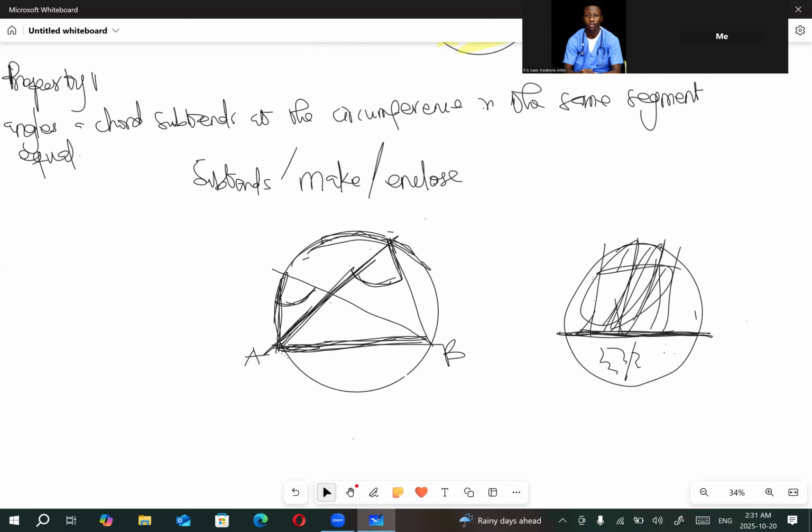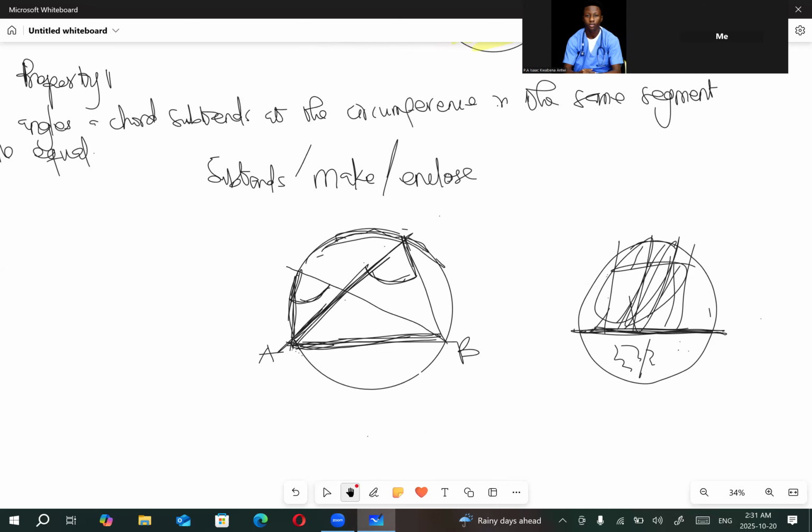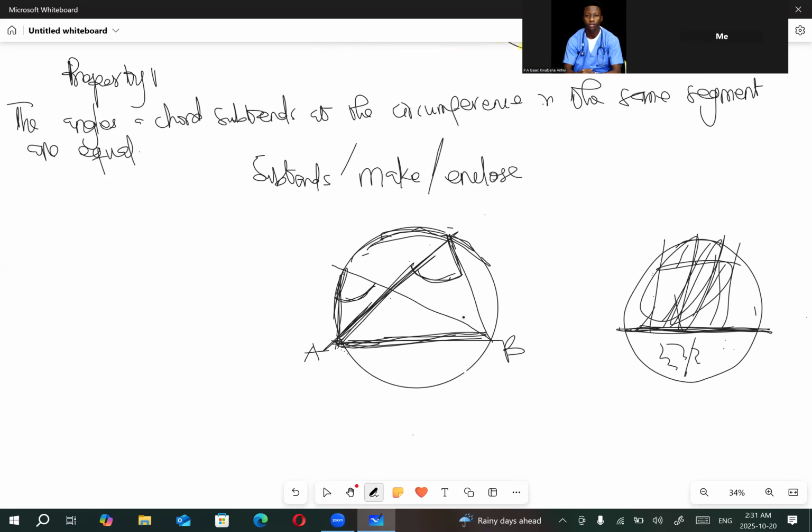The angles a chord subtends at the circumference in the same segment are equal, right? The angles a chord subtends at the circumference in the same segment are equal. So in the same segment means that they are all occurring at one place. If you have a chord producing several angles on the circumference at one place, they are equal.